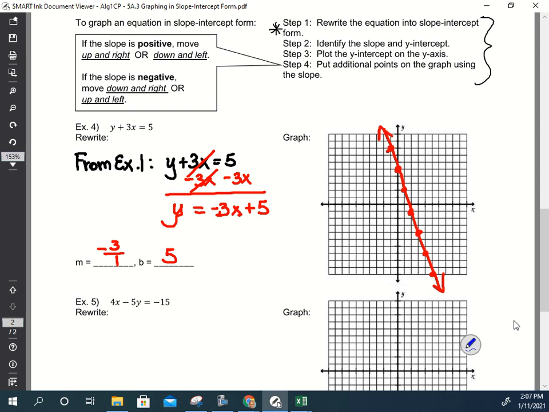That's y equals negative 3x plus 5. So step 1, rewrite. Step 2, identify the slope and the y-intercept. The slope is negative 3. The y-intercept is 5.